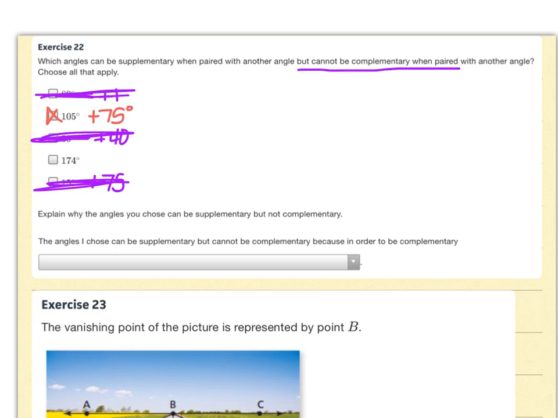I could make this angle supplementary if I added it with 6 degrees. So again, I was eliminating the purple ones because they were smaller than 90, which means they could have been complementary with another angle. I was just looking for ones that could be supplementary but not complementary. So I'm looking for ones that are over 90 degrees that I could make, still add to 180, so they're supplementary.